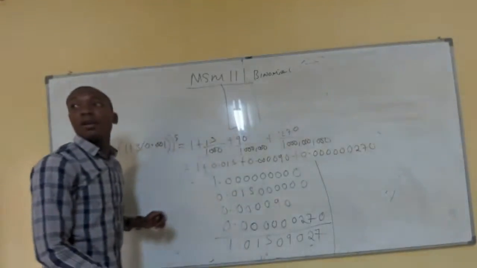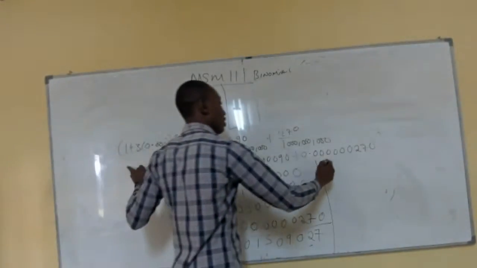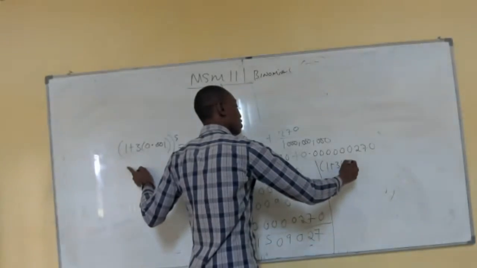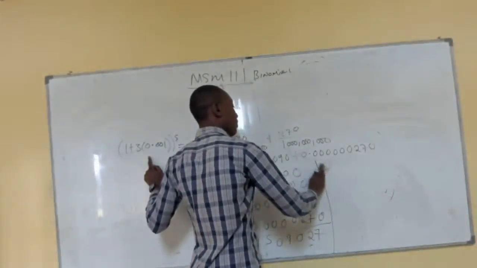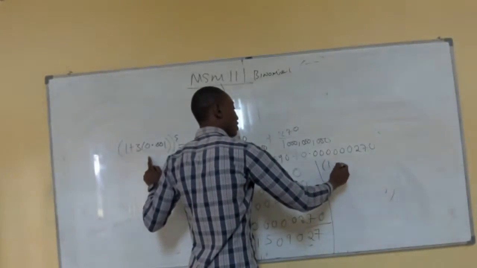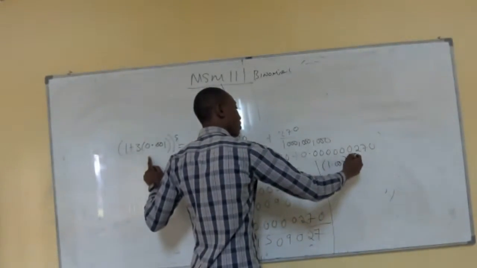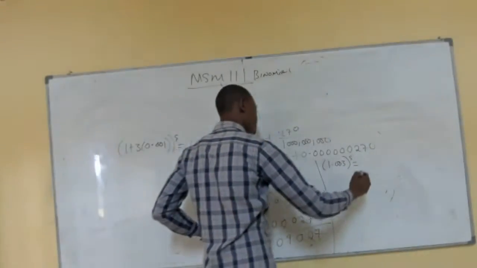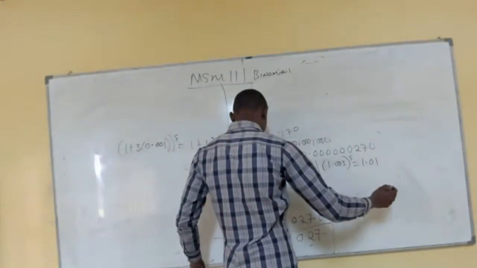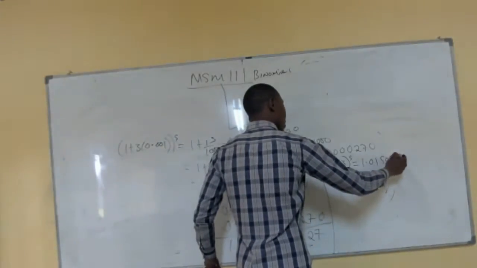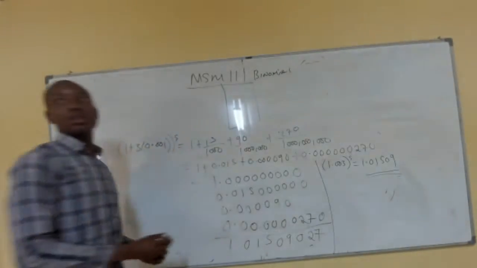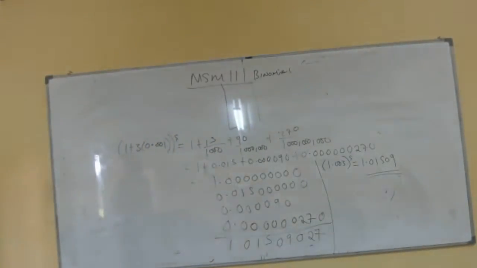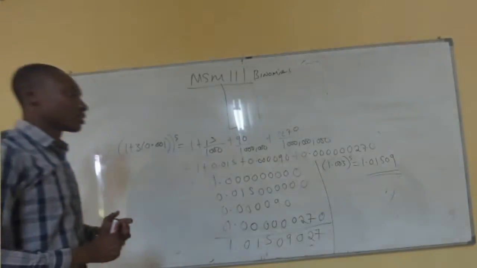So we're saying basically that 1.003 to the power 5 is actually equal to 1.01509, to 5 significant figures.